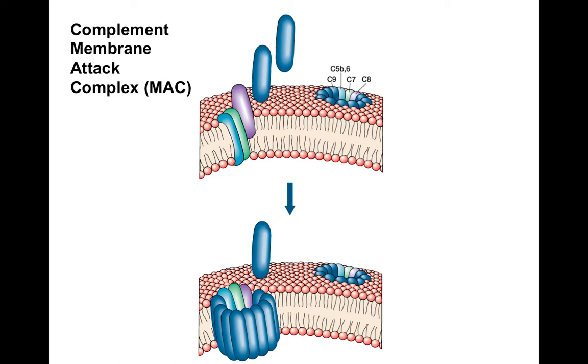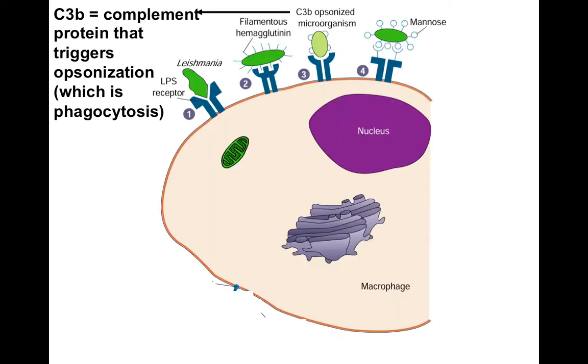Another important protein of the innate immune system is the membrane attack complex of complement. The membrane attack complex is a series of several proteins that have the ability to insert into the outer membrane of bacteria and make a hole, basically a donut hole in the membrane. And this donut hole has the ability to kill gram-negative bacteria.